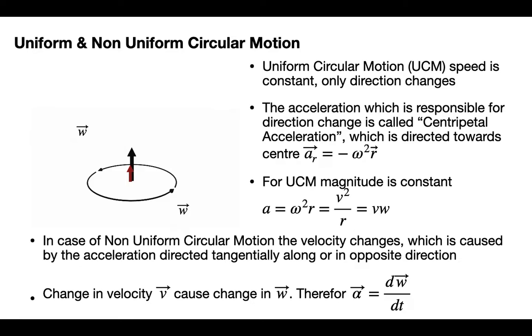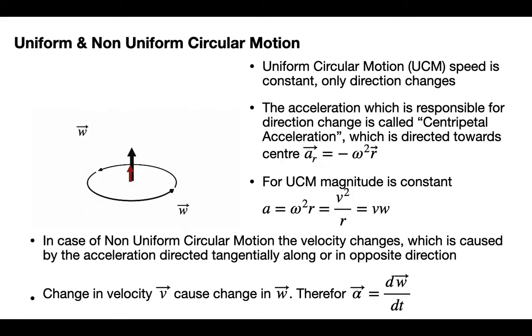In case of non-uniform circular motion, the velocity changes, which is caused by an acceleration directed tangentially, along or in the opposite direction. So if we take the example of a car wheel, it moves from rest and takes some speed, okay?